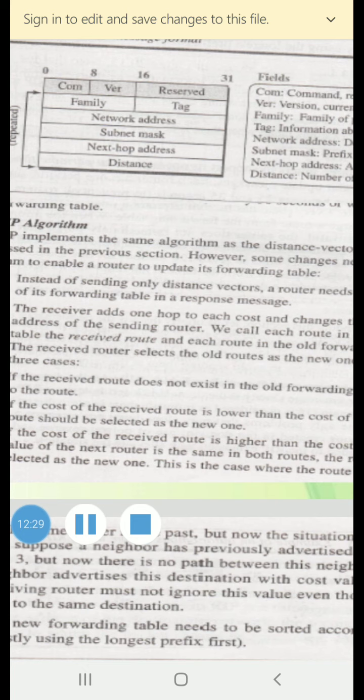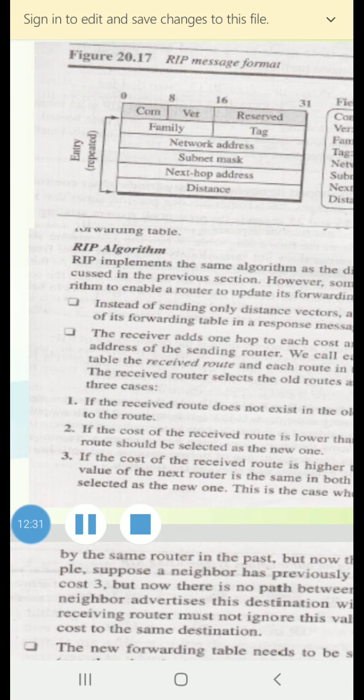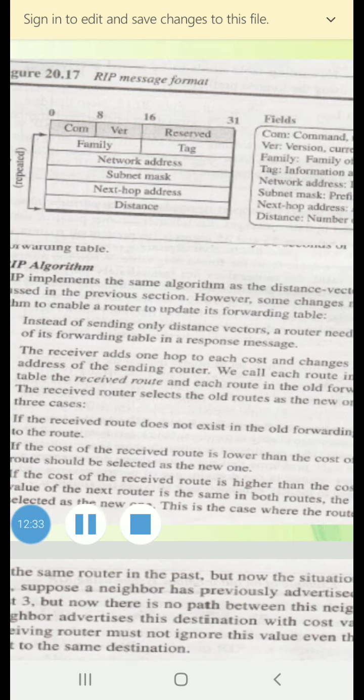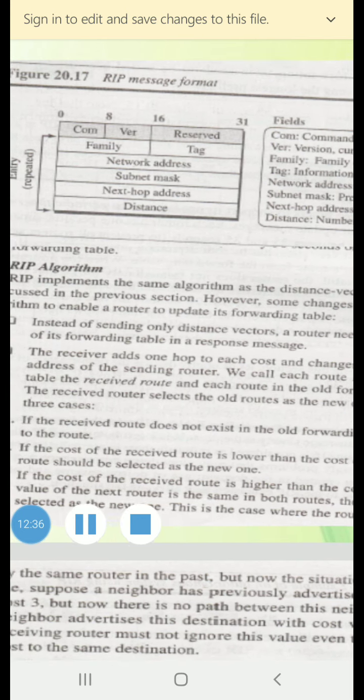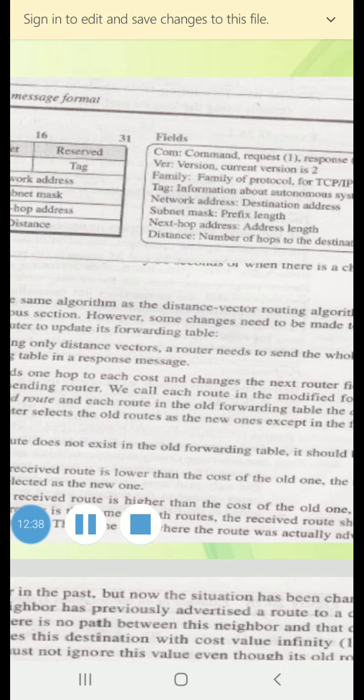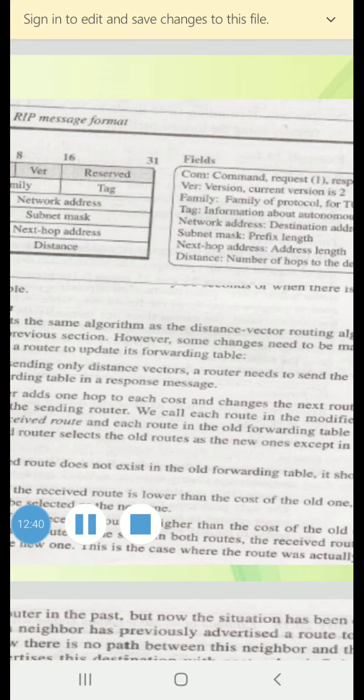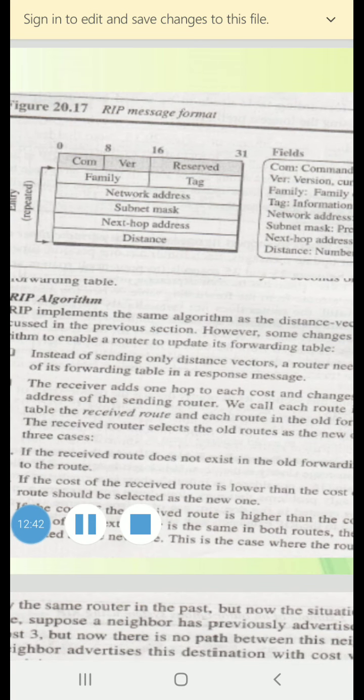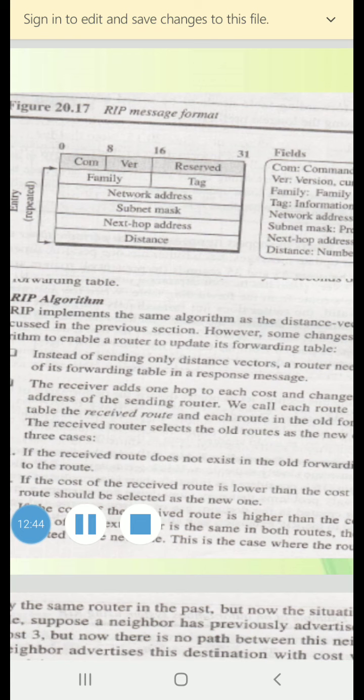So the first point is, instead of sending only the distance vector, a router needs to send the whole contents of its forwarding table in a response message.